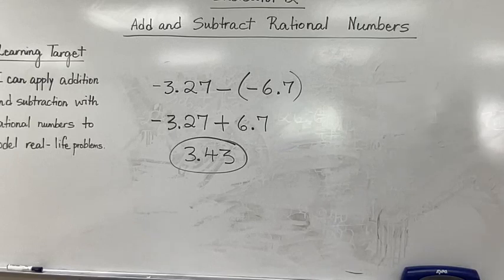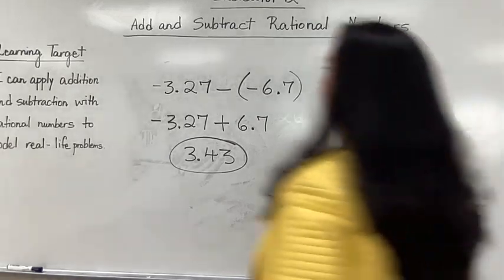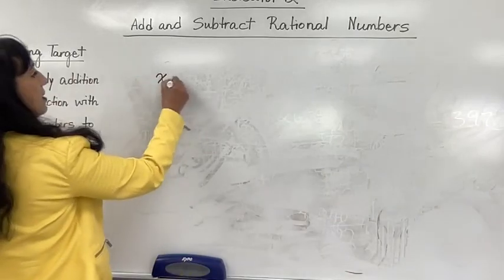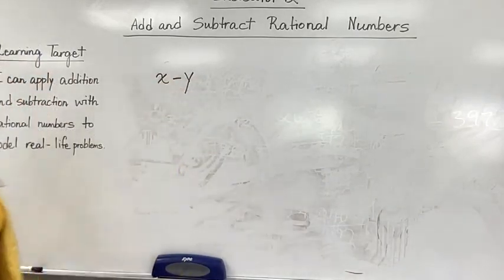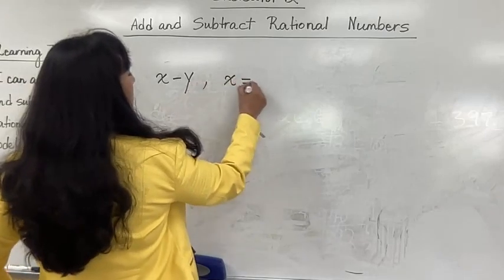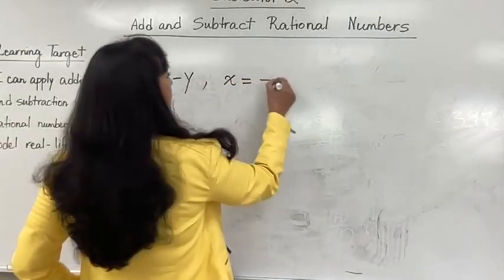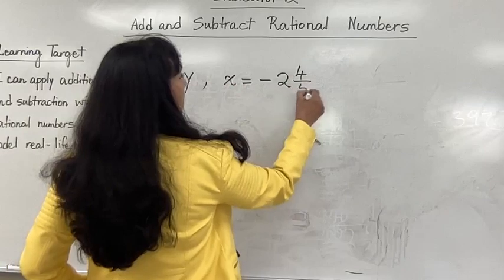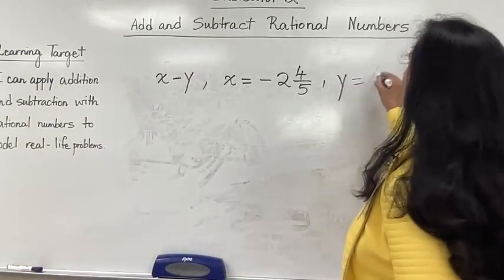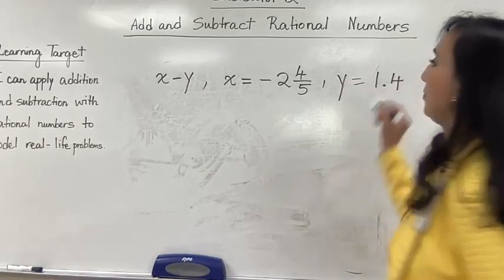All right, so let's say if I have x minus y, okay, if I have x minus y, you might have something, evaluate this. All right, and then x is negative 2 and 4/5, and y is going to be 1 and 4/10.